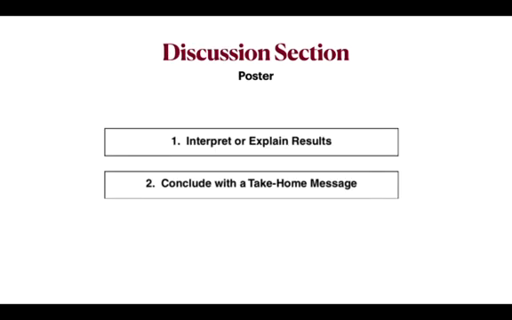Moving on, we will talk about the discussion section in a poster. As you can see, we have 2 moves here. Move 1, interpret or explain your results, is often integrated into the poster results section, thereby becoming a combined results and discussion section.